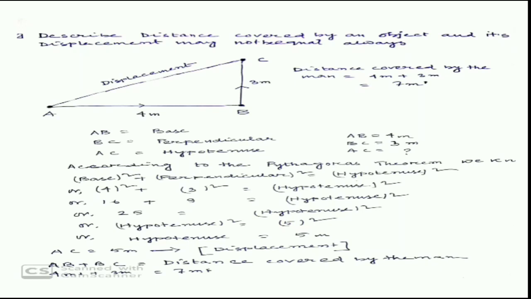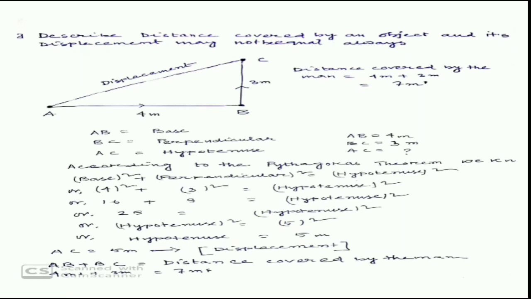But 7 meter is not the displacement, because it is not the shortest path and not in a particular direction. AC is the shortest path here, isn't it?